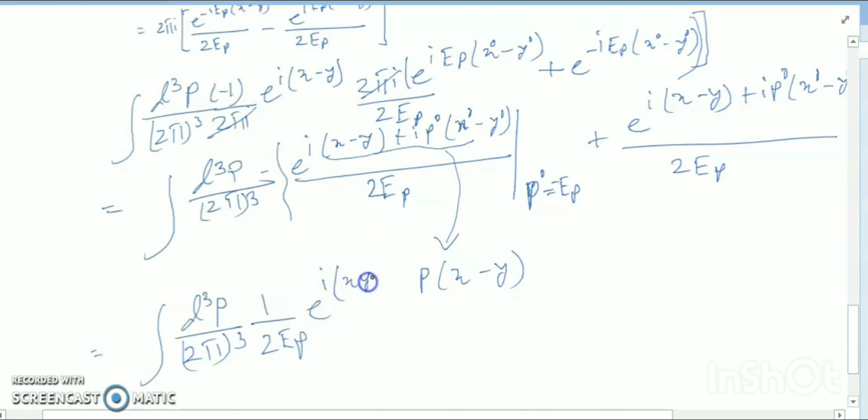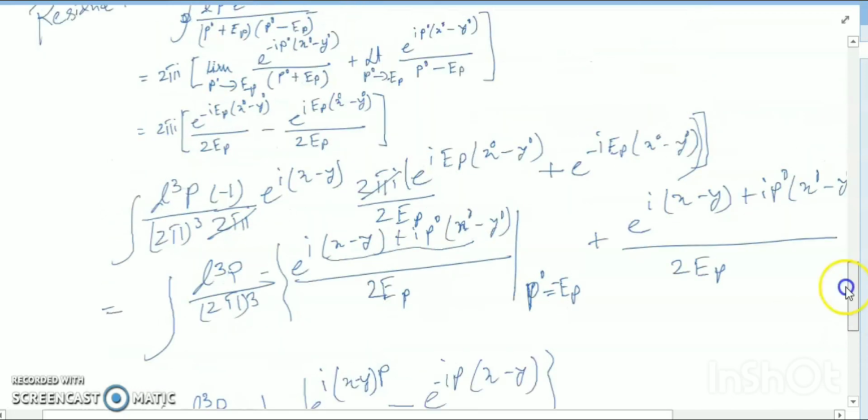Now I just remove this, and I get again e to the power minus i p·(x minus y). So I exactly proved this proposal. This is my proof.